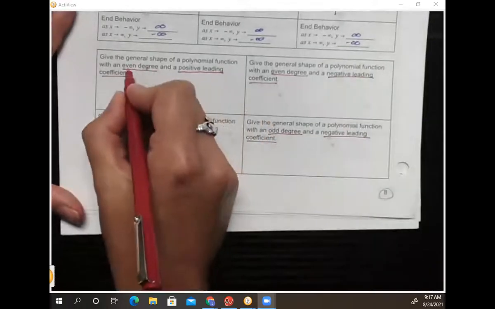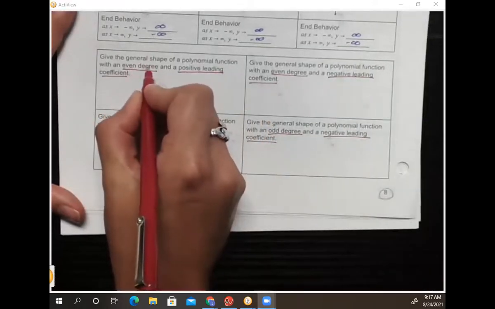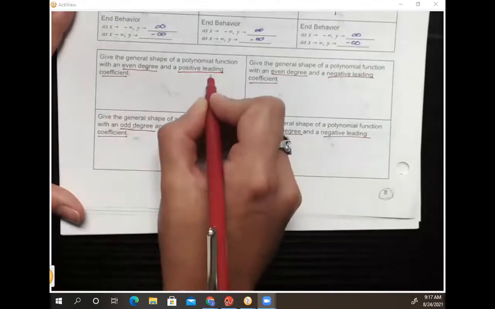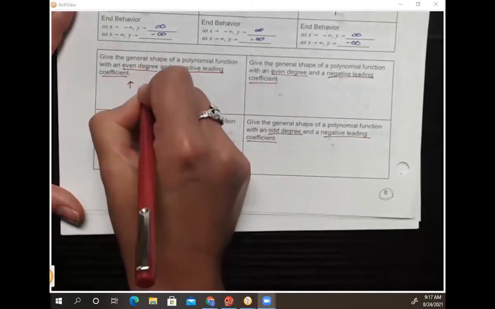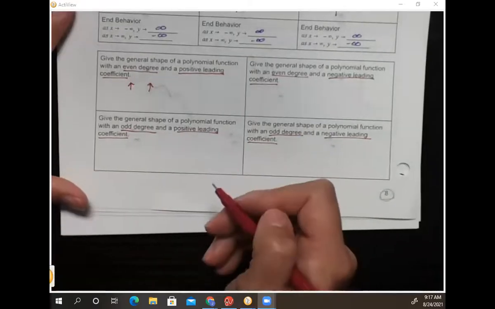If I have an even degree, my ends are going to go in the same direction. Always. If your lead coefficient is positive, that means both ends go up. Even degree and a positive lead coefficient means both of your ends will go up.